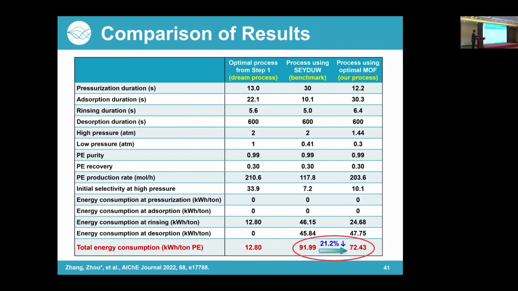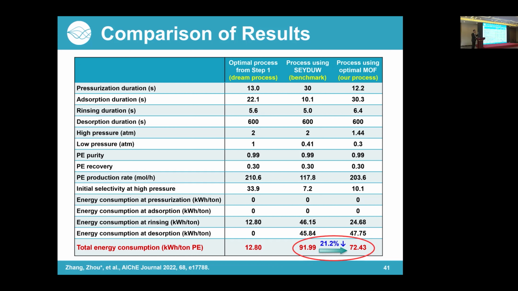This best MOF can save 20% of the total energy consumption on the industrial pressure swing adsorption, because we also optimize two pressure levels and operating times. We have pressurization, adsorption, rinsing, desorption.